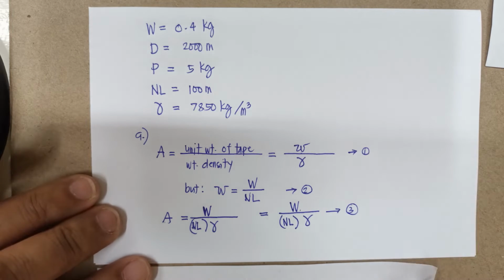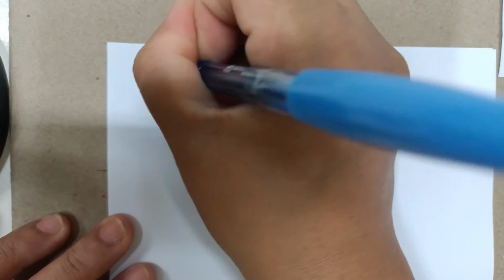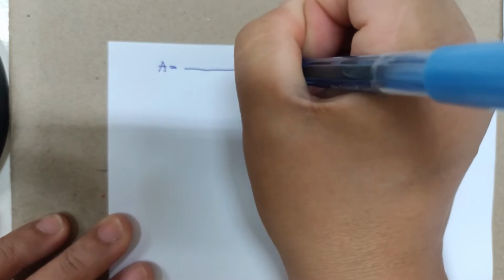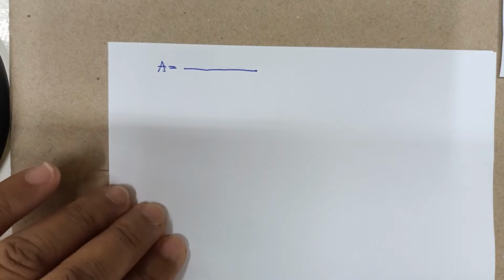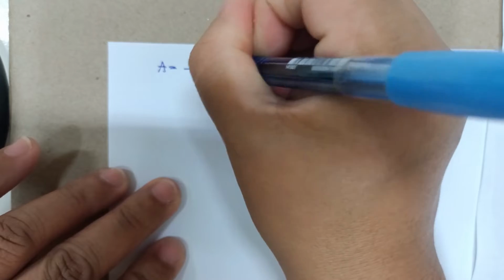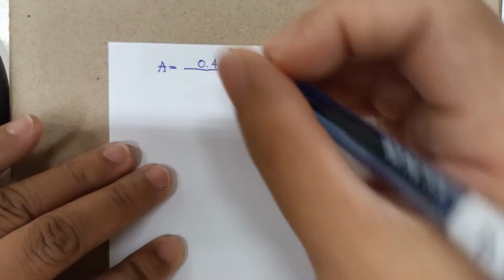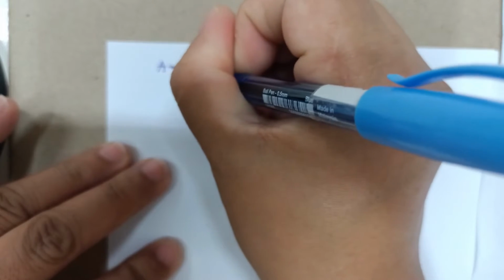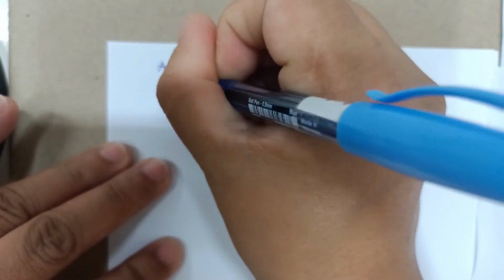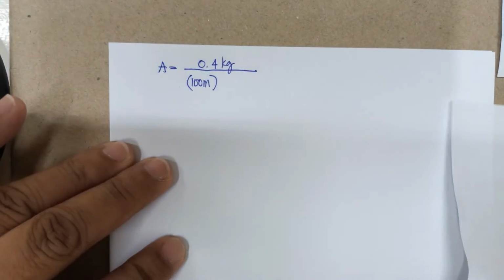So substituting, we have area is equal to, what is the weight? Weight is 0.4 kilograms and NL is 100 meters. And what is the weight density?